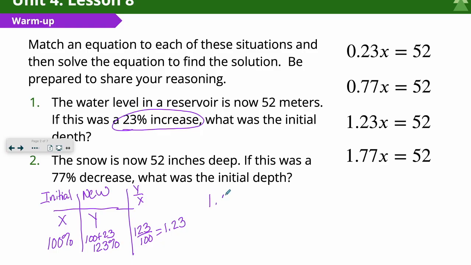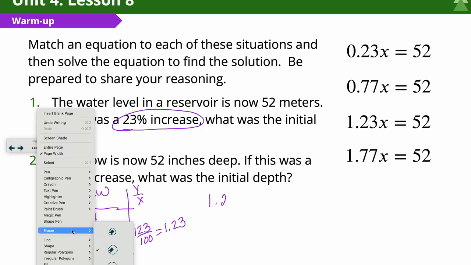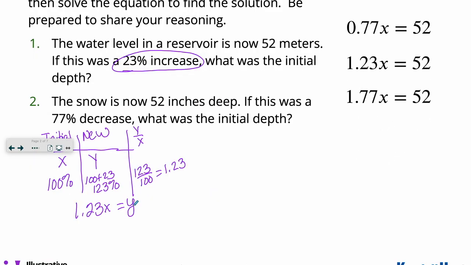So I have the equation 1.23x equals y. And I know that it is now 52 meters. And the now is y. I'm going to put 52 in for y. And then to solve that, we're going to divide both sides by 1.23.